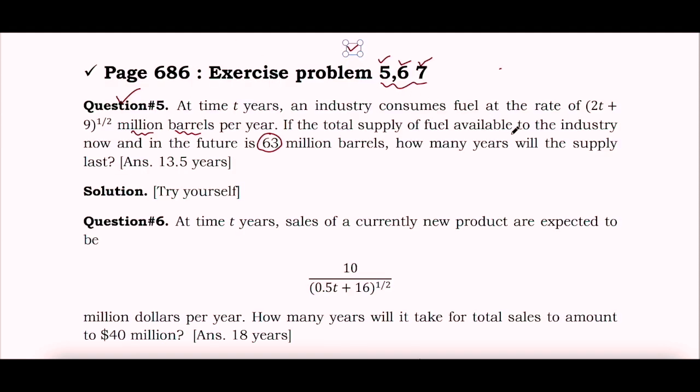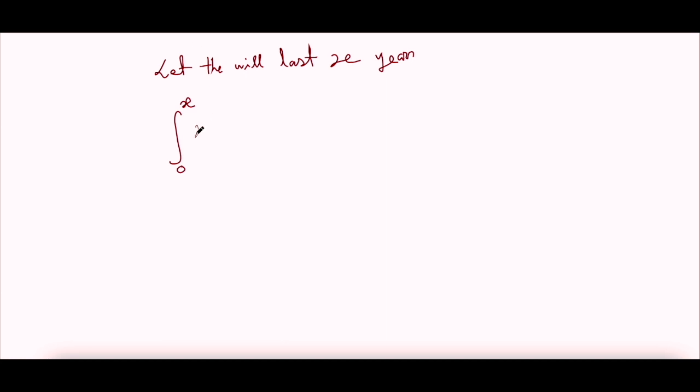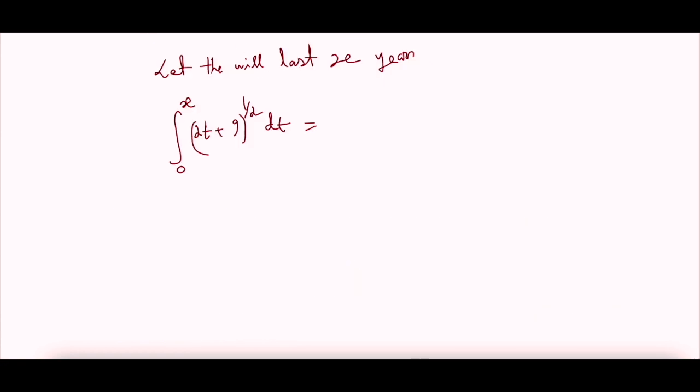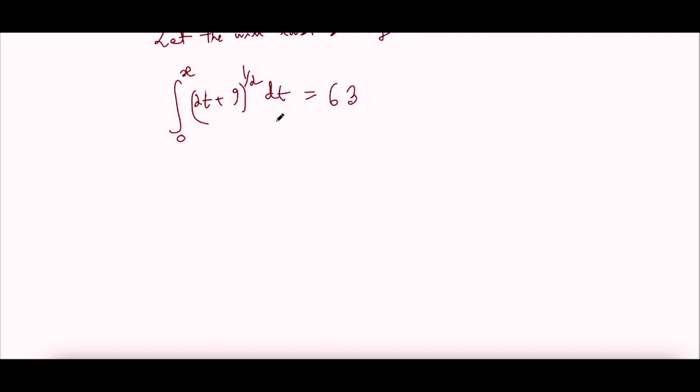And the rate function, which is (2t plus 9) whole to the power half dt. Since rate function is a function of t, we need to integrate it with respect to t, which is equal, the available supply of fuel is 63. So according to the question, this equals 63. Now we need to solve this equation to get x.